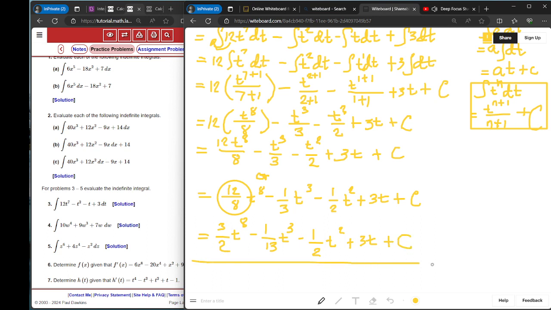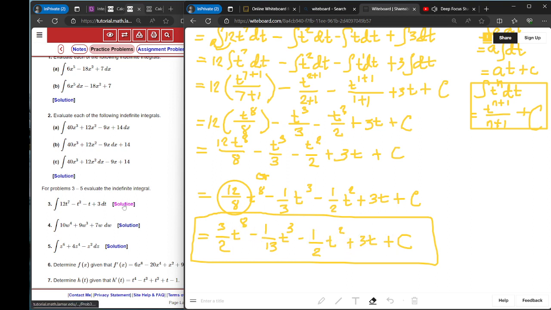And this should be our final answer. And by the way, do not be tempted to combine all these terms because variables that have different exponents cannot be added. So please do not combine variables of different exponents if the operation is subtraction or addition.